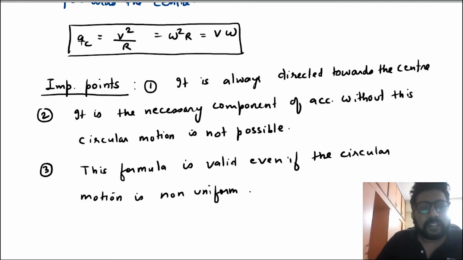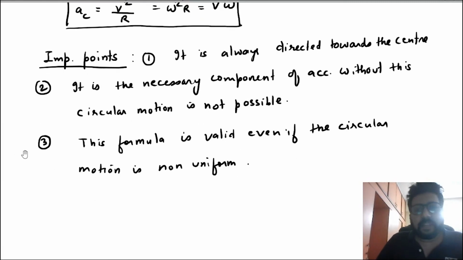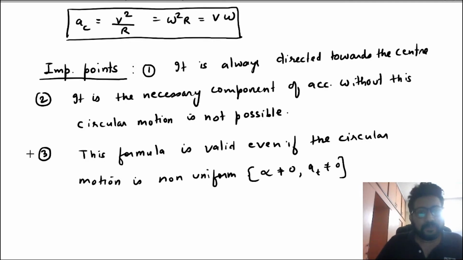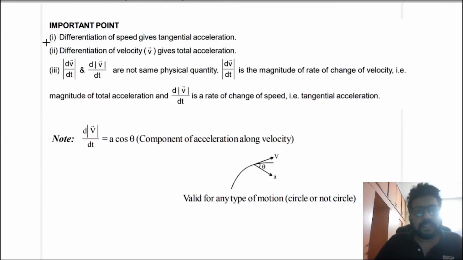So the centripetal acceleration at any point will be equal to the speed at that point whole square divided by r, or the omega at that point whole square into r. So even if the circular motion is non-uniform, that is, having an angular acceleration, alpha is not 0, even in that case this formula is valid. Okay, so these are some of the important points that we have to discuss.